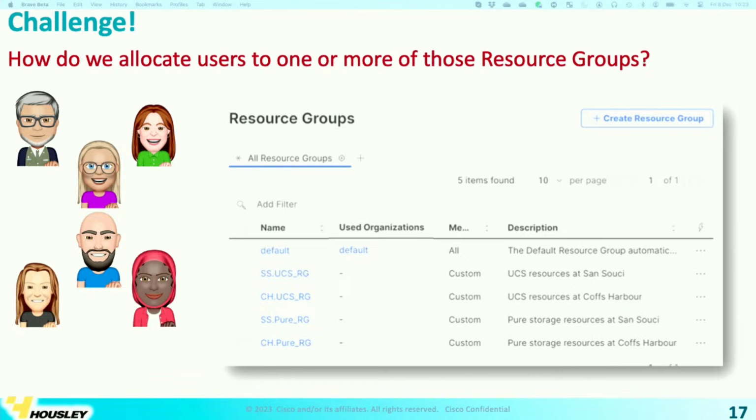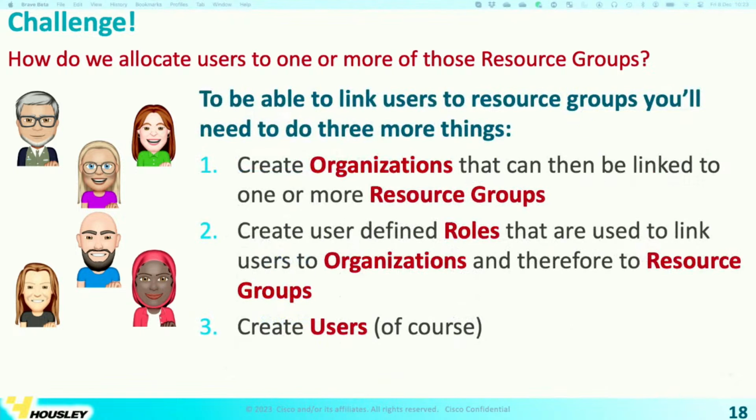Now, the challenge is, if we've got all these different resource groups, how do I link my users up to the resource groups? And that's really a three-step process. To be able to do that, I'm going to have to create all those other things. I'm going to have to create the organizations that can be linked to the resource groups. And I have to create those user-defined roles.